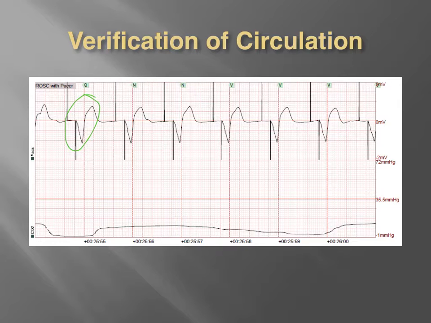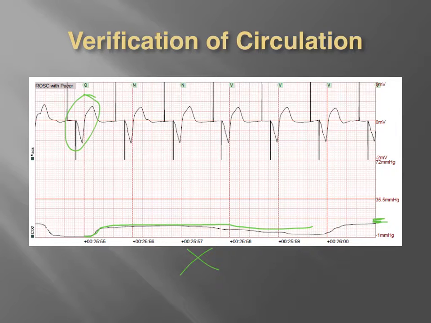And then with the pacer, here we are getting at least some fashion of a waveform. And we can see that this waveform is very, very low. So we're ventilating at a good rate, because this is all one ventilation pretty much over this entire strip, which is roughly 6 seconds.